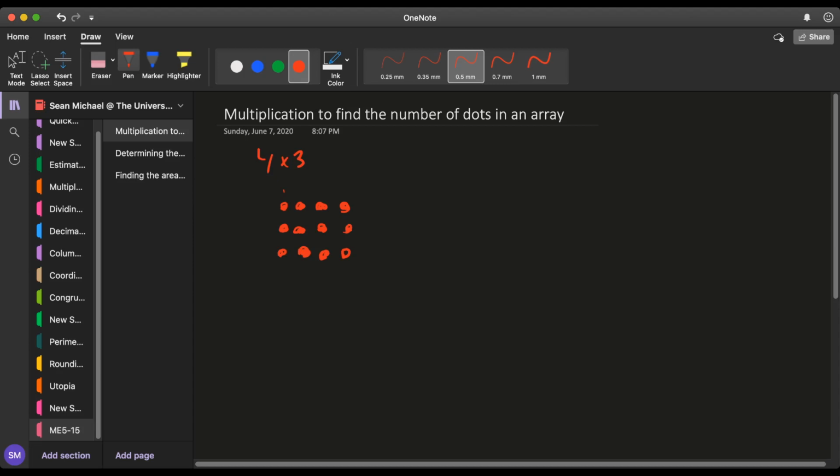Well, one way you can do it is just go 1, 2, 3, 4, 5, 6, 7, 8, 9, 10, 11, 12. You can figure out that this equals 12 dots. The other way is just to take the top amount, 4, and multiply it by the number of columns or rows.